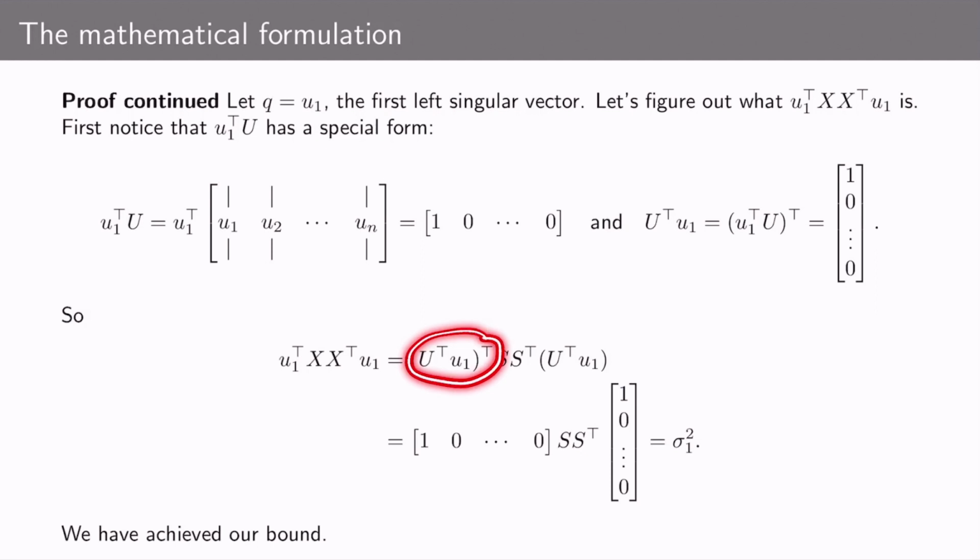This whole term becomes a row vector with a 1 in the first entry and zeros elsewhere. And this becomes a column vector with a 1 in the first entry and zeros elsewhere. So we have the following product. This product just picks off the first element on the diagonal of S transpose, which is sigma 1 squared. Therefore, we have found a Q equals U1, which achieves the upper bound for Q transpose X transpose Q.